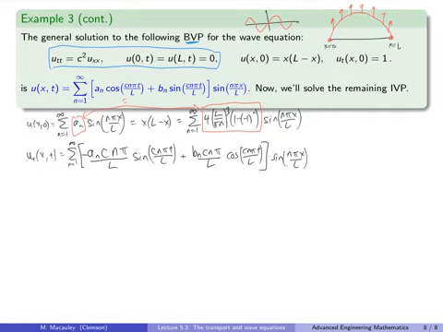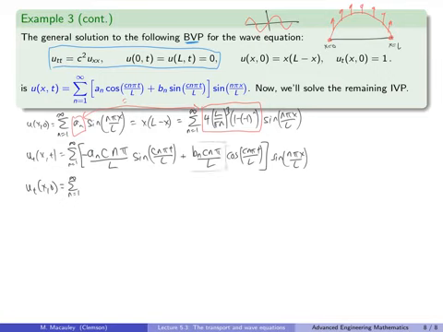Okay, now let's plug in 0. So u_t of x and 0, it gets easier, trust me. From n equals 1 to infinity, what happens? The sine term goes away, the cosine term becomes 1, and we just get this term here.